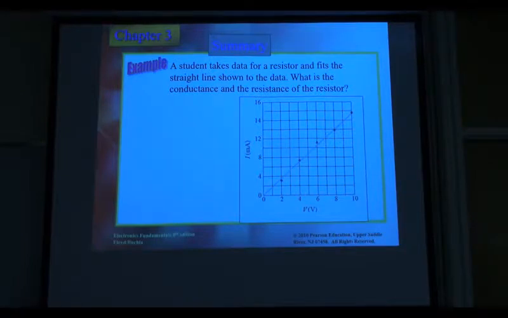Okay, now this one. Sometimes you are going to go to the lab and you may need to draw this plot. This one is for a particular resistor, and you measure the current flowing through it, and you also measure the voltage across it.